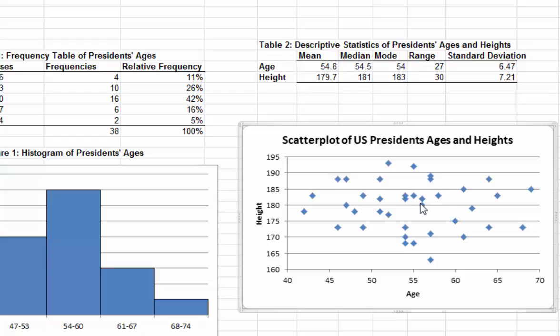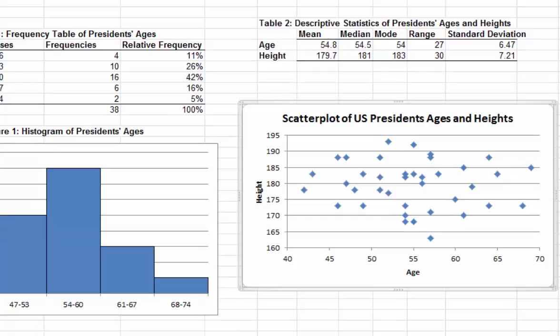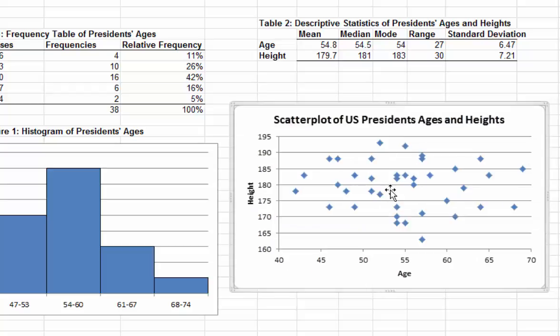So knowing that, we can look at this and say, does there appear to be a relationship between age and height? Well, we know from reading the book that what you're trying to check for is if there's a linear relationship. That's what we're interested in. Is there a linear relationship? And you want things to be lines. Like a positive linear relationship would resemble, sort of, a line going this way.